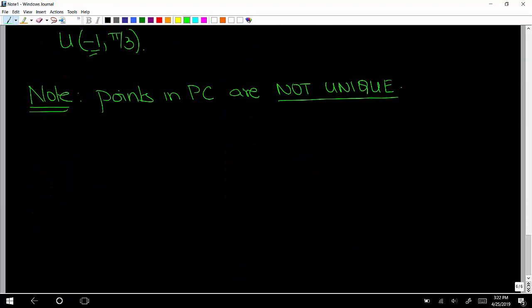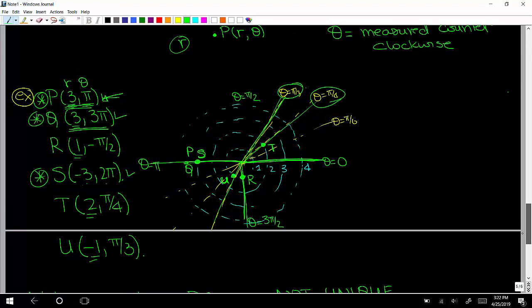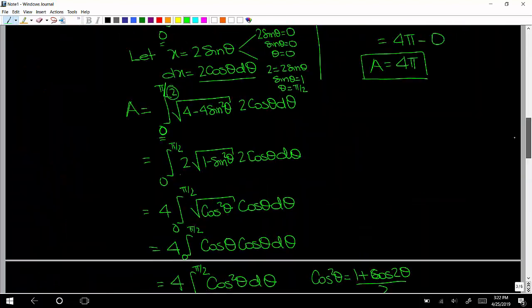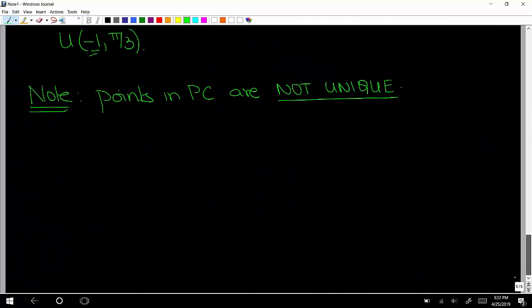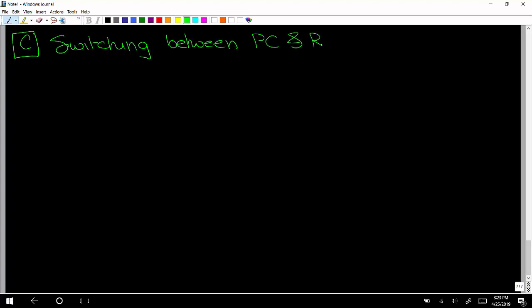So now that we know how to plot points in polar coordinates, because we're eventually going to be switching coordinates, we need to know how to go from one coordinate system to another, how to switch back and forth. So let's take a look at that. Switching coordinates. Switching between polar coordinates and rectangular coordinates.